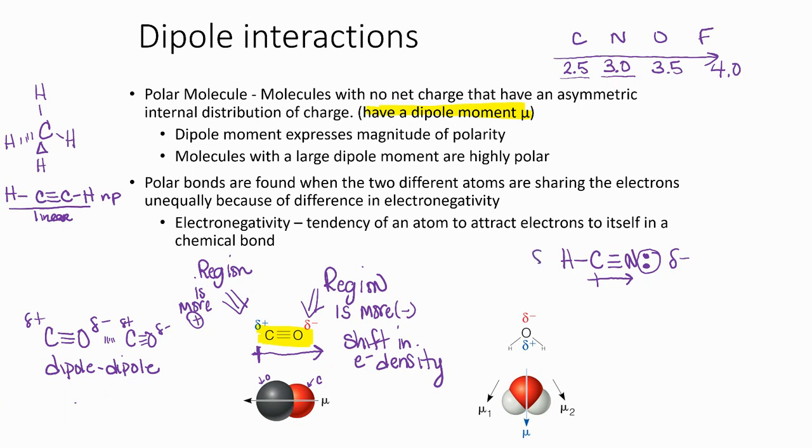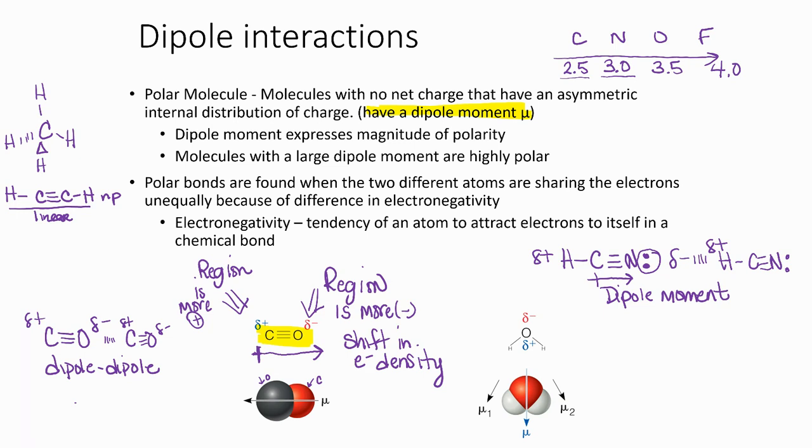So right off the bat, this end is more negative than the other end. And for sure, this has a dipole moment. Okay, and so when these align, this would be attracted to another HCN molecule in this way, where the N would align with the H on the other molecule.